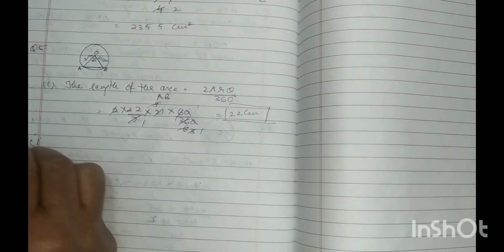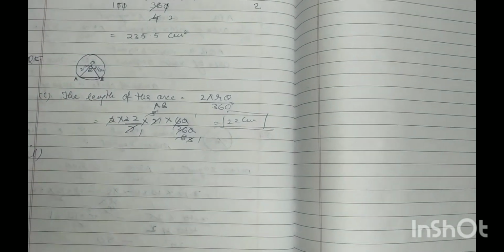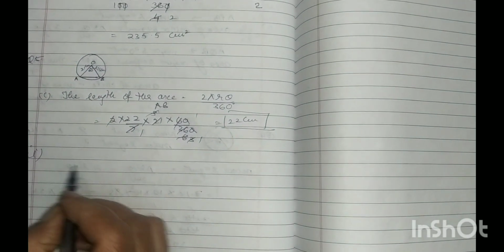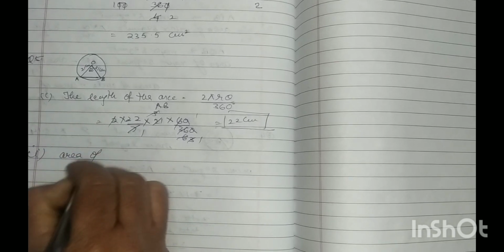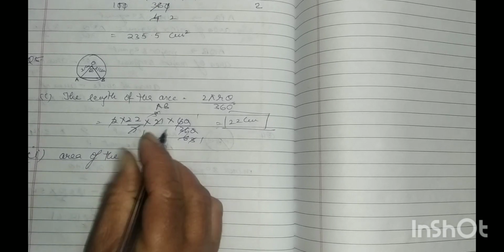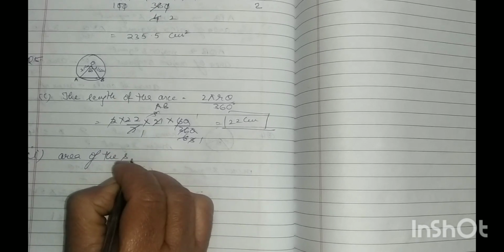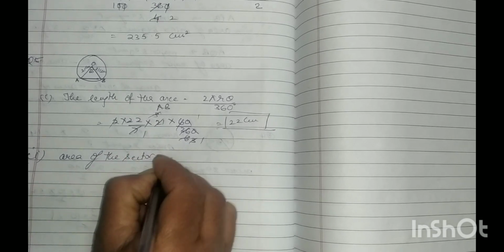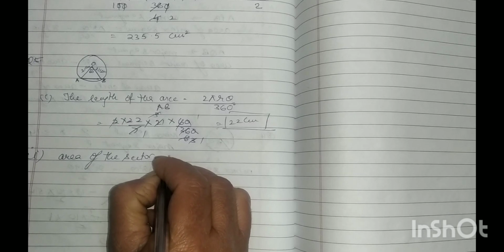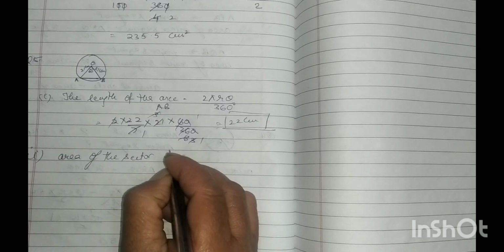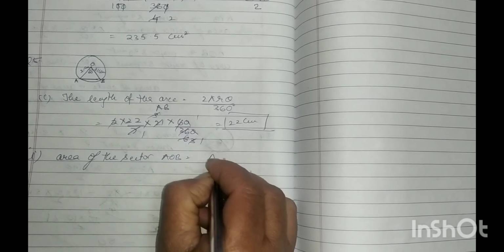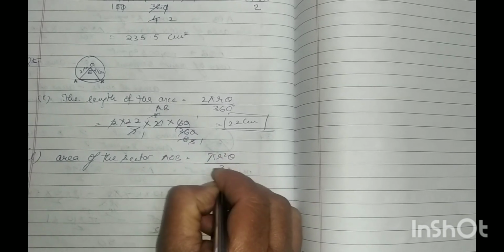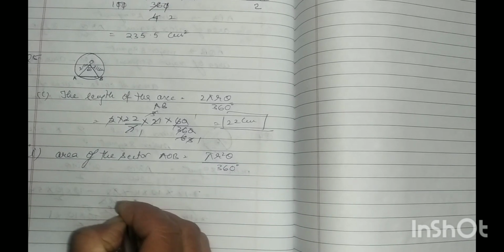Next, area of a sector formed by the arc. Area of the sector, that equals to A O B, that equals to pi r square theta upon 360 degree.